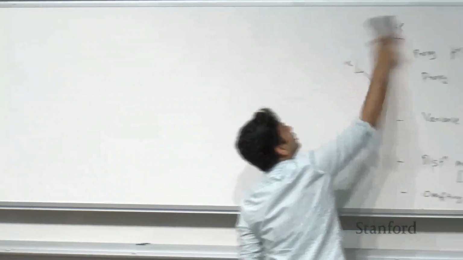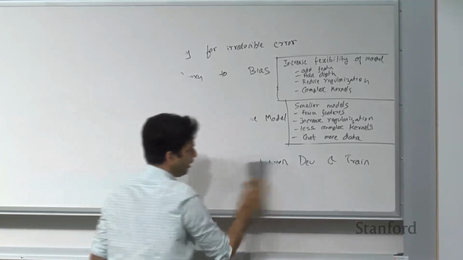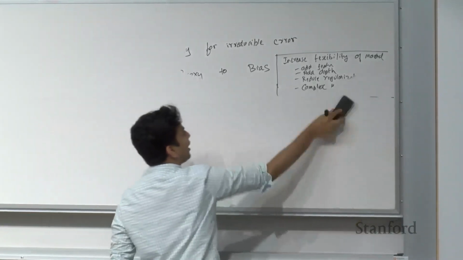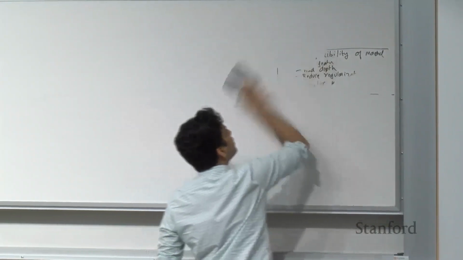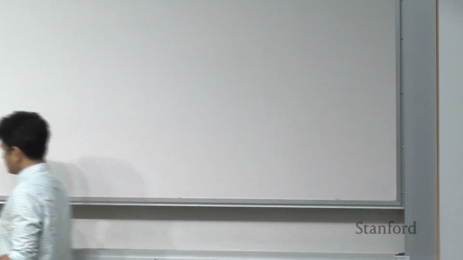So in supervised learning, if you remember, the goal is to learn a mapping from X to Y, where you think of X as an input and Y as an output, and you're given pairs of X, Y's as a training set. Right?